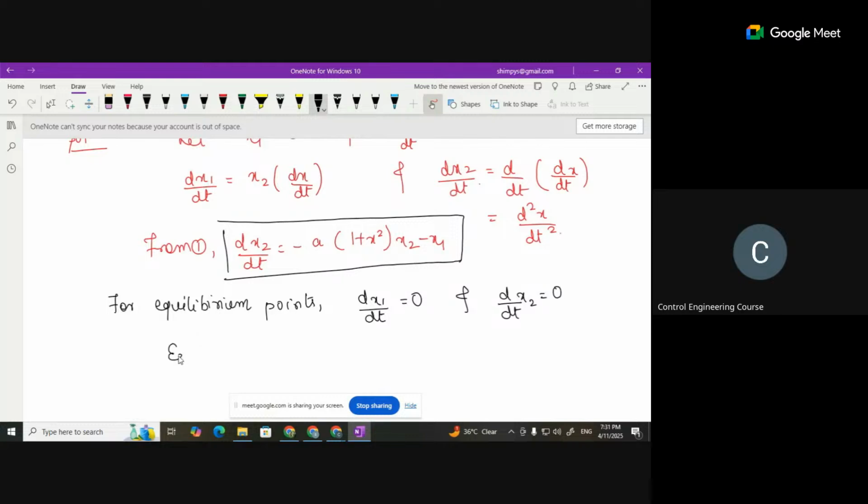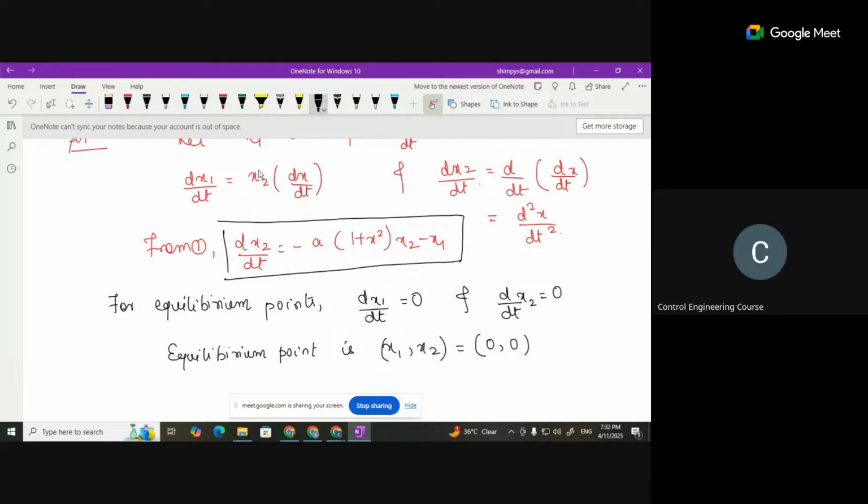Okay. So equilibrium point, all of you got this? Equilibrium point is x1, x2 equal to 0, 0. Right? If I'm setting this as 0, this as 0, x2 is 0 from here.